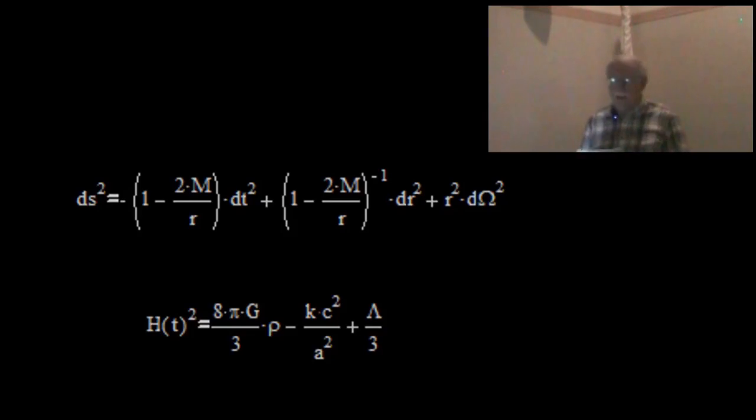The second equation is the Friedmann-Lemaitre-Robertson-Walker equation. It describes the curvature of the big, large-scale universe. Although they both use the word curvature, they don't mean the same thing. We're not going to talk about the second equation, except to say that it's important not to confuse things you've heard about the curvature of the universe with what we're going to talk about tonight.